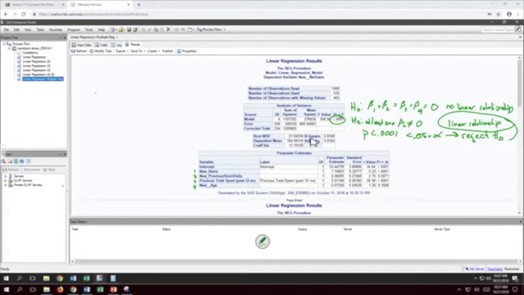So now we're going to come down here, in blue, and ask the question, does each variable have a linear relationship with net sales?